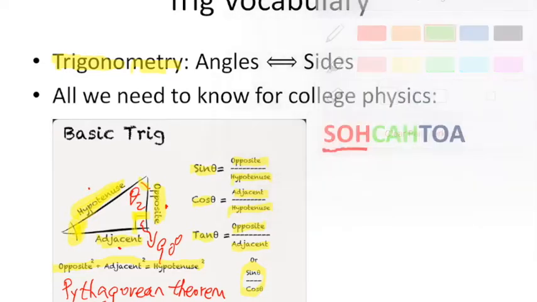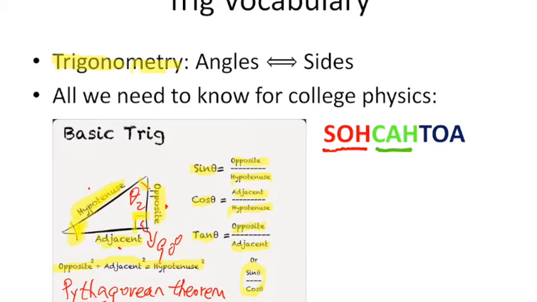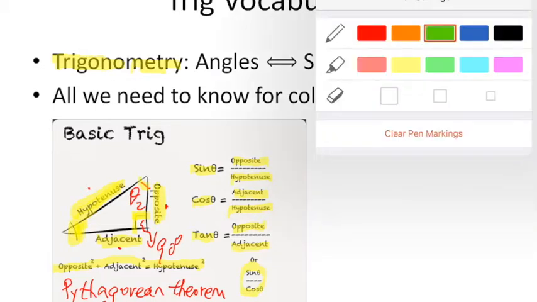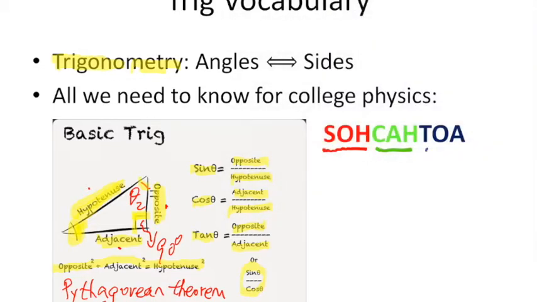Cosine is adjacent side over hypotenuse. Tan is opposite side over adjacent side. So pretty much this summarizes what we need to know about trigonometry.